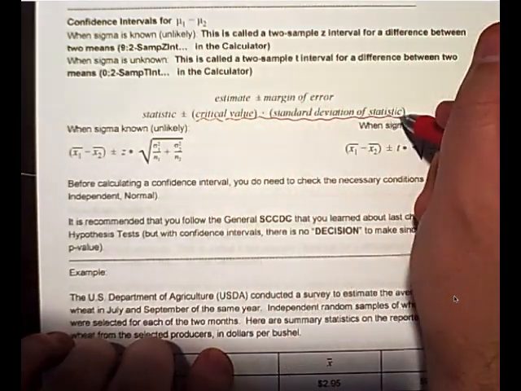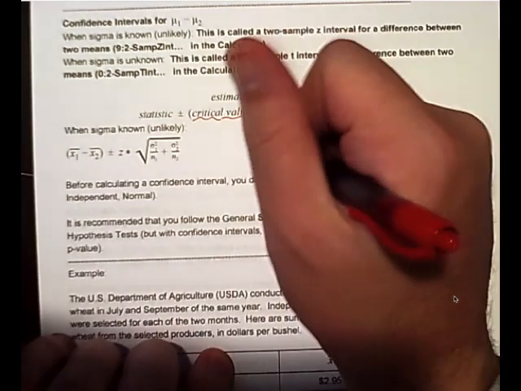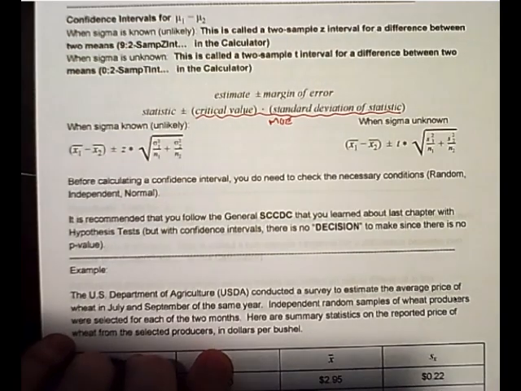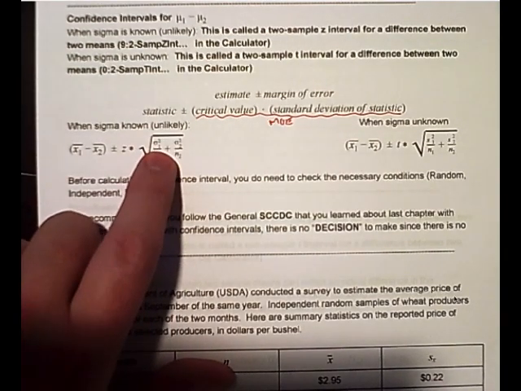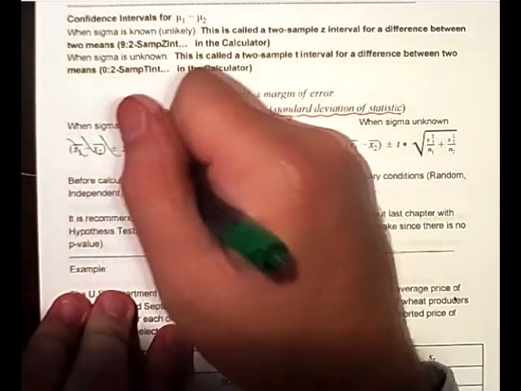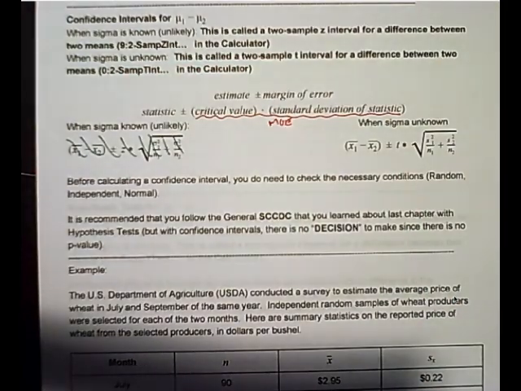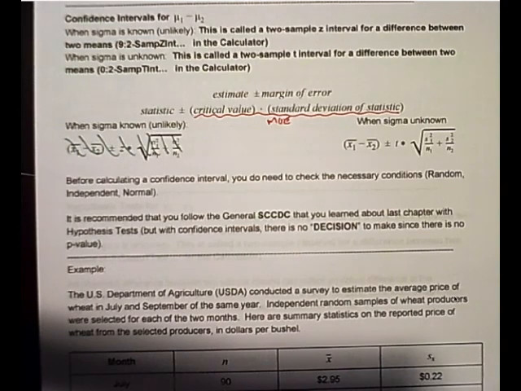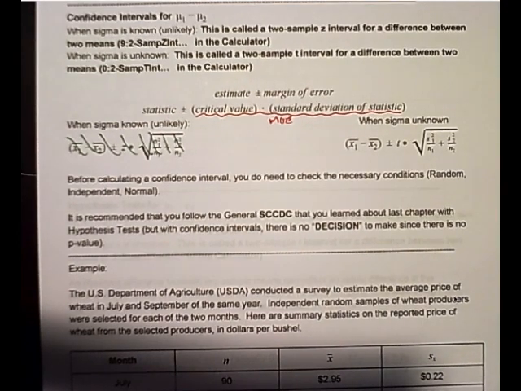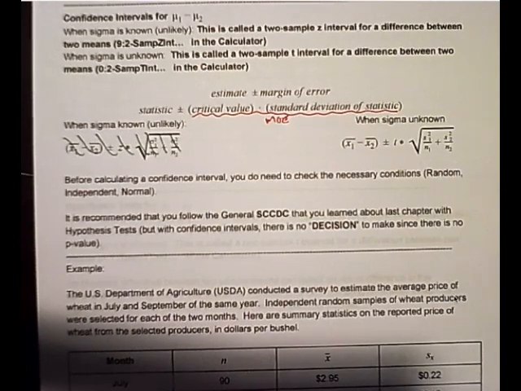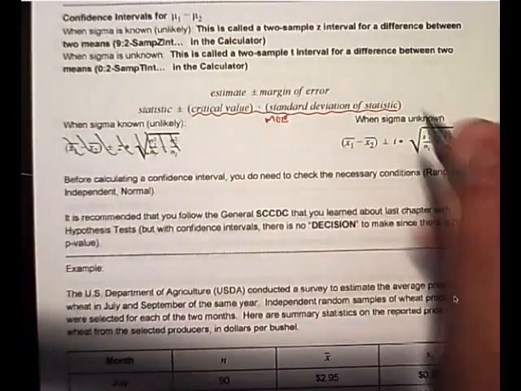And that whole thing that I just underlined in red, that's the ME, or the margin of error. Now, it's not likely that we know sigma, so we're never really going to use that. If we know sigma, we also know mu, and if we know mu, there's no point in doing inference. This is what we're actually going to use.